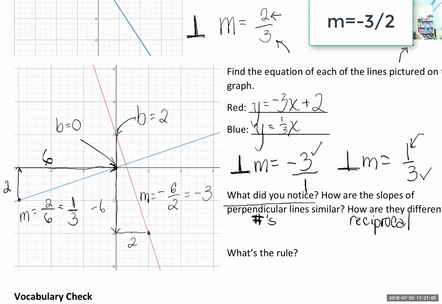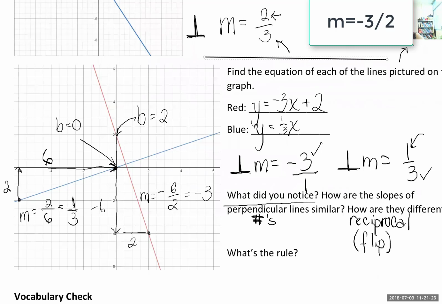And so we definitely see this reciprocal property again. We see that the numbers are flipped. The number that was on top comes to the bottom, and the number that was on the bottom comes to the top. I notice one other thing that's different about the two slopes. Did you see it? Take a look at the signs up here.